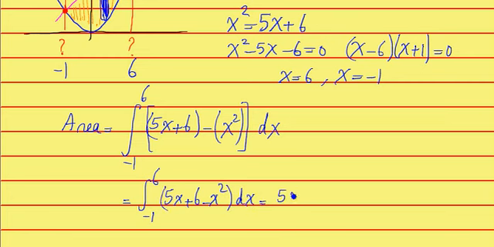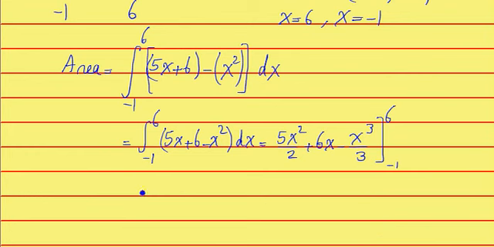The integral of that is 5x squared over 2 plus 6x minus x cubed over 3, in which I have to plug in the two numbers, minus 1 and 6. So 5 times 6 squared over 2 plus 6 times 6 minus 6 cubed over 3.